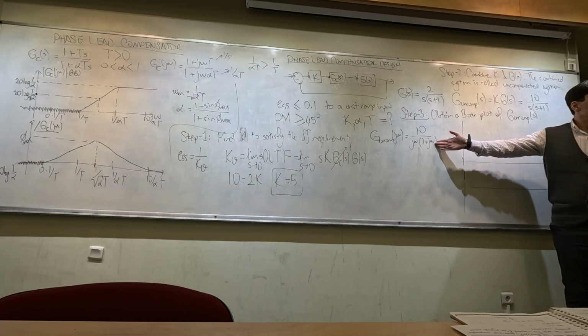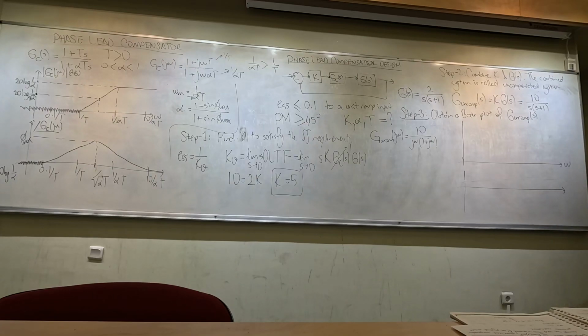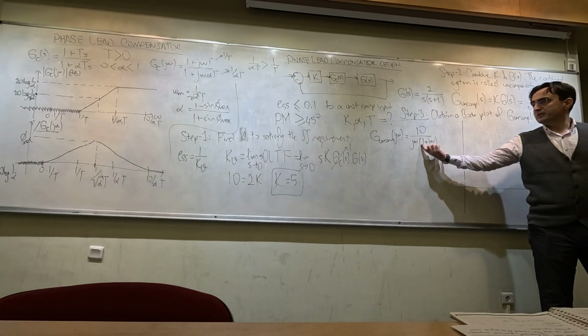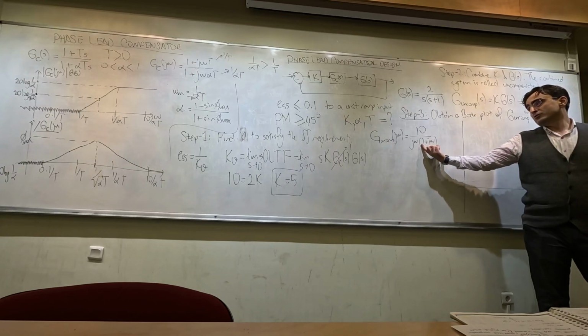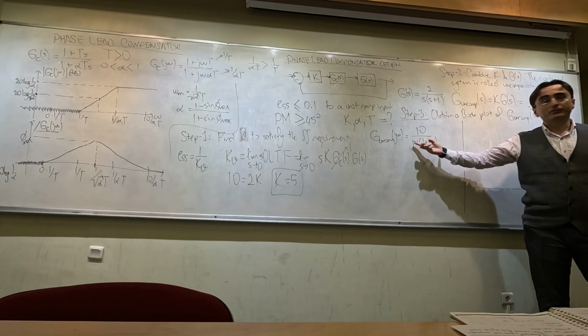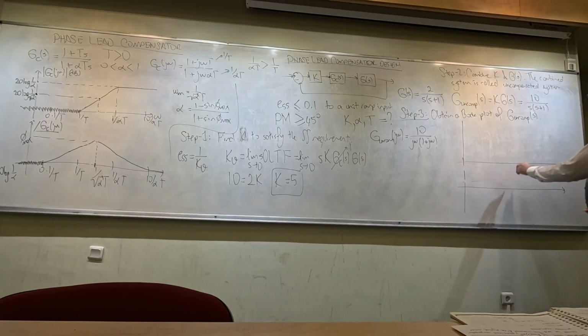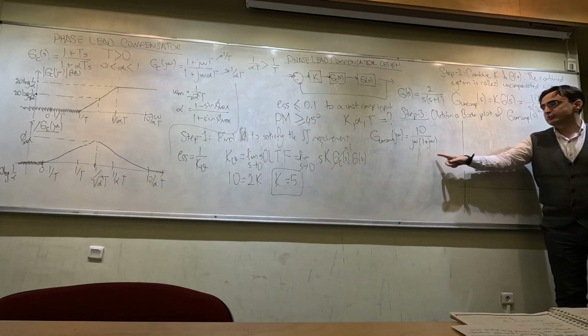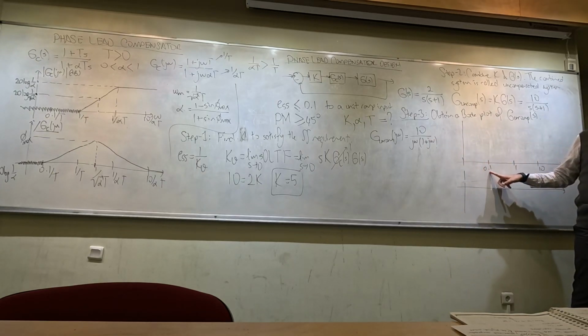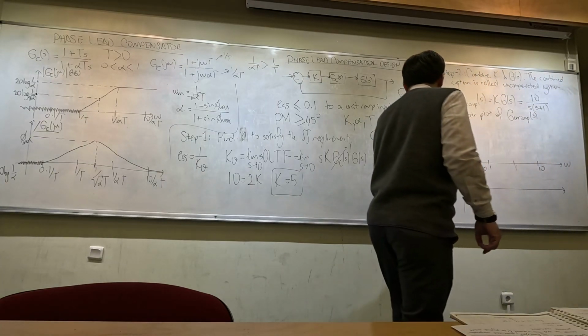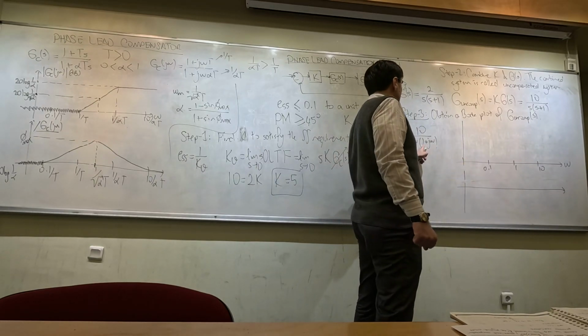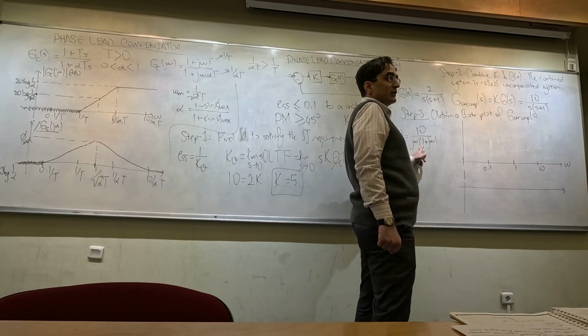What are the corner frequencies of such a system? The corner frequency of this term is 1 radian per second. The corner frequency of the other term would not count, it is somewhere to the left. The only corner frequency is 1 radian per second, so I will put 10 and 0.1 here. When the frequency is much lower than the corner frequency, for example 0.1, what is the magnitude of such a transfer function?